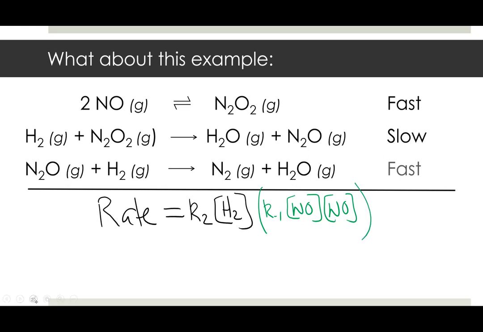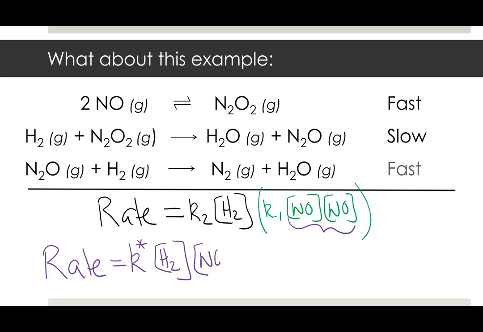Now to clean this up, I want to write the rate of the overall reaction. So rate equals, and we have a messy K, so K asterisk, H2, and then I'm going to combine these two.